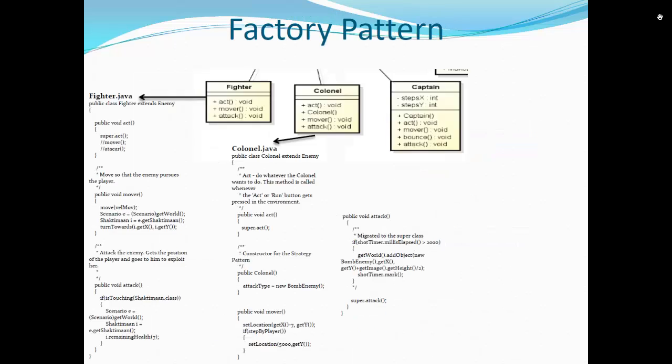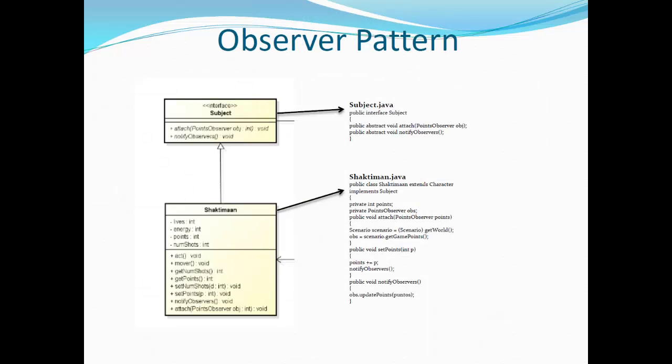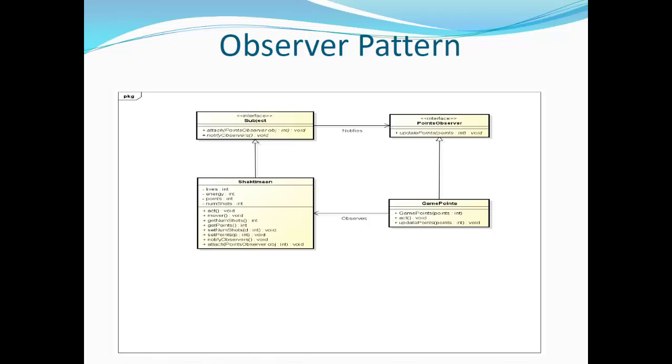So let's check the technical details. Here it is. That's the UML diagram for the observer pattern. Now, since we have only one subject and one observer to which the score entity is related, the game point class is the observer which is attached to the Shaktiman subject.